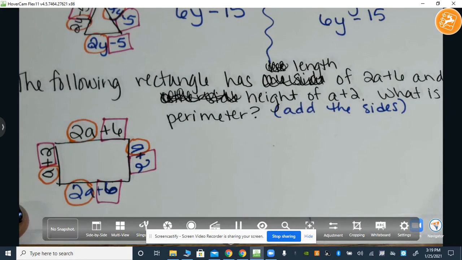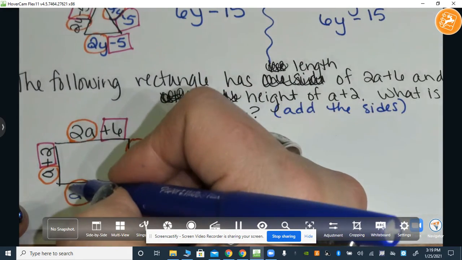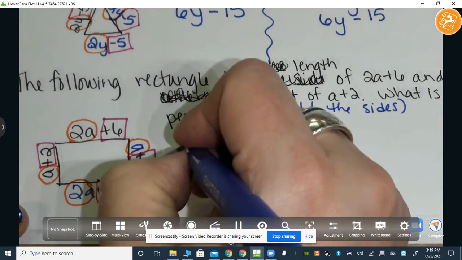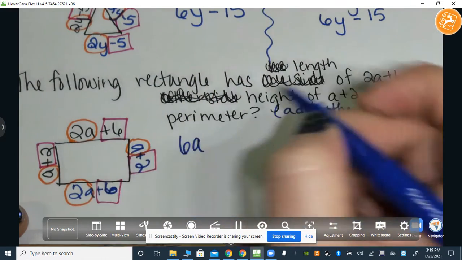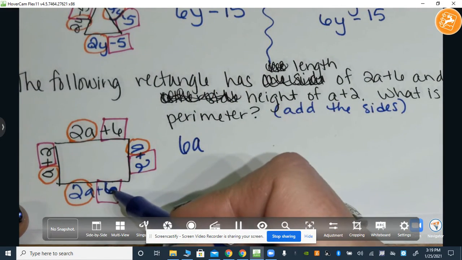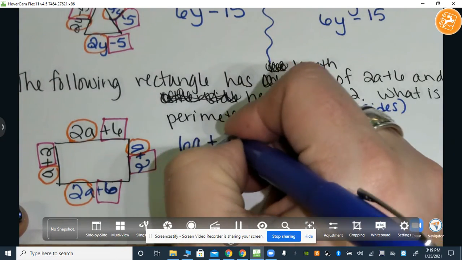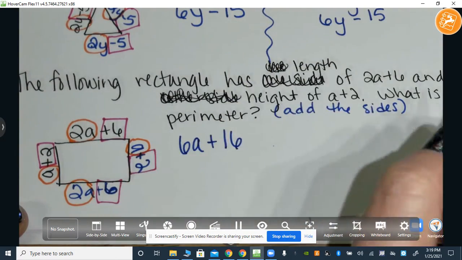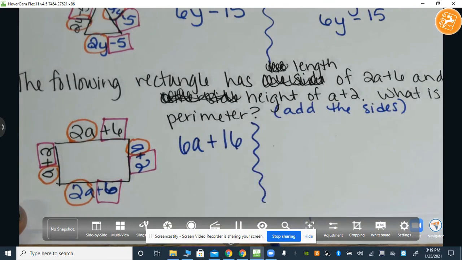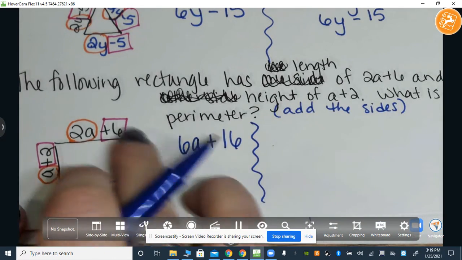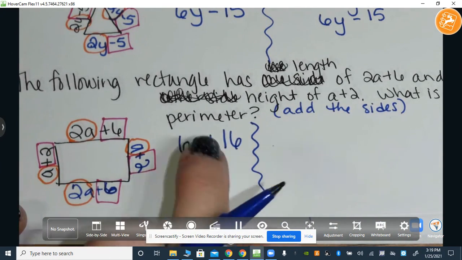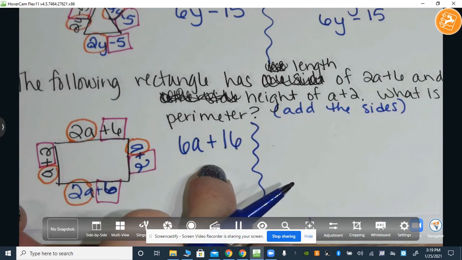So when I combine them, 2, 3, 4, 5, 6, I'm left with 6a. 6 and 6 is 12, 12 and 2 is 14, 14 and 2 is 16. So I use my diagram to find my expression by combining like terms.